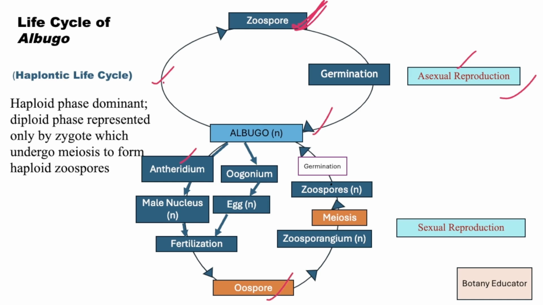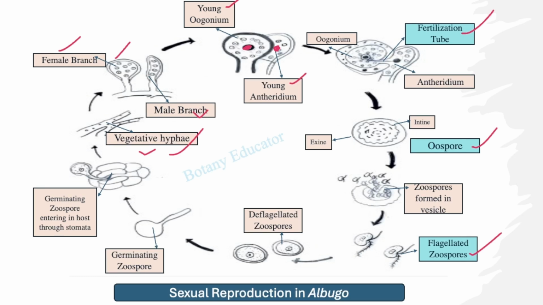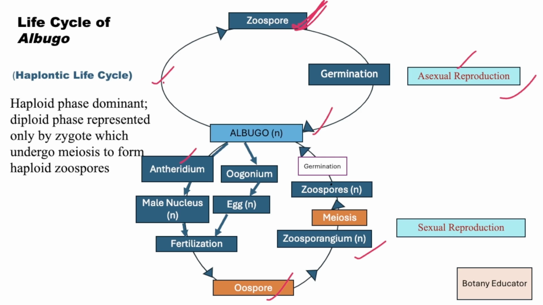This oospore is covered with exine and intine, and this oospore will germinate and form a vesicle which is called the zoosporangium, and in this vesicle meiosis occurs and thousands of haploid zoospores are formed, right? And through this zoospore formation, it will again enter into the life cycle through germination.